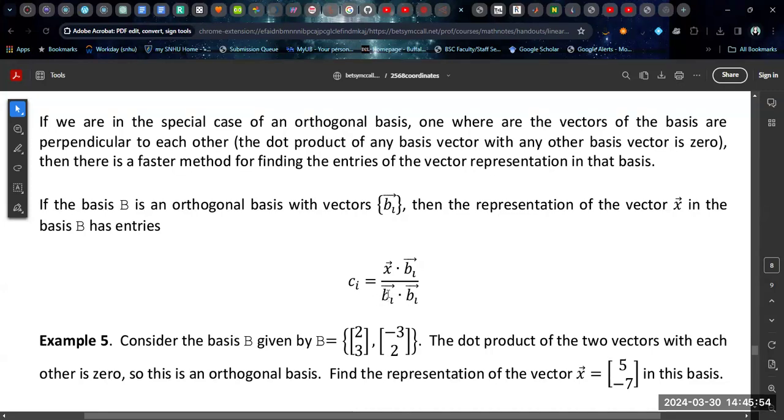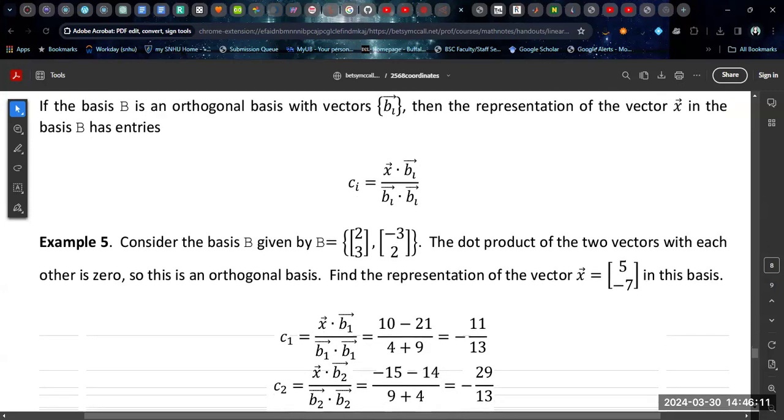The dot product is sometimes used as a magnitude: the square root of the dot product is the length, so this would be the length squared. But it's the vector dotted with the basis vector, divided by the basis vector dotted with itself.